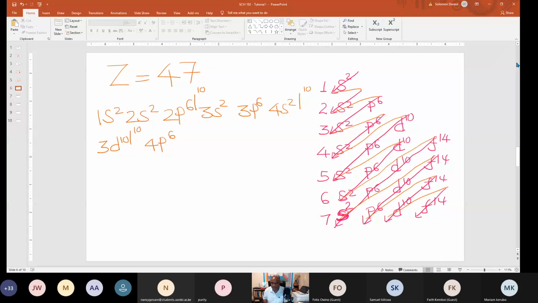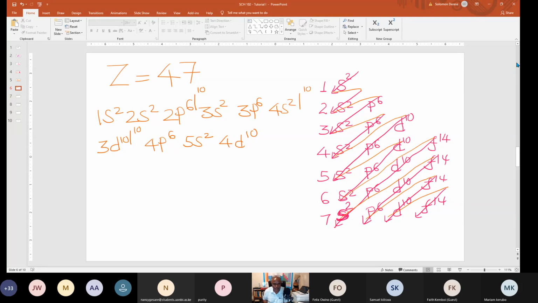After 4p6, it is 5s2. And after that is 4d. We have to count, okay?